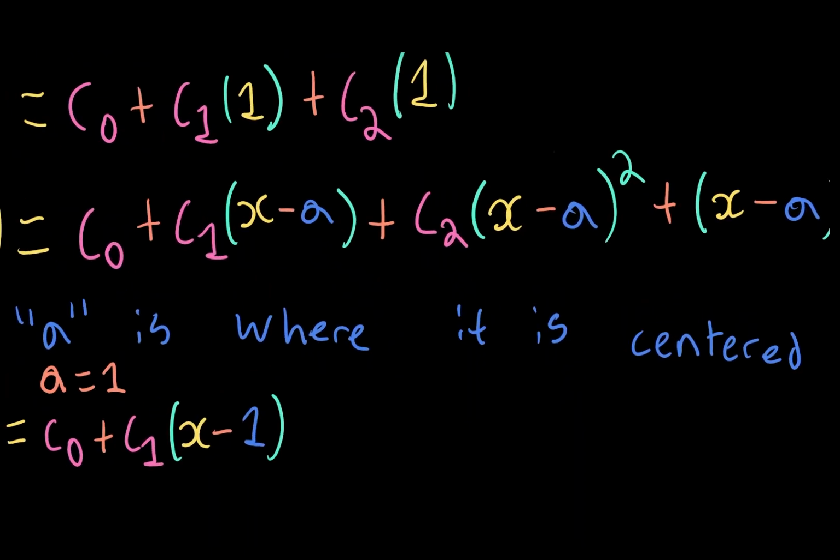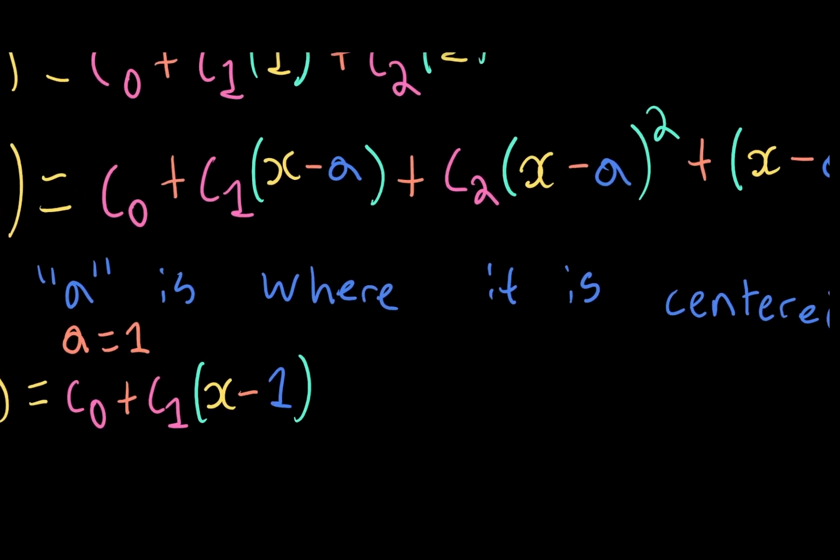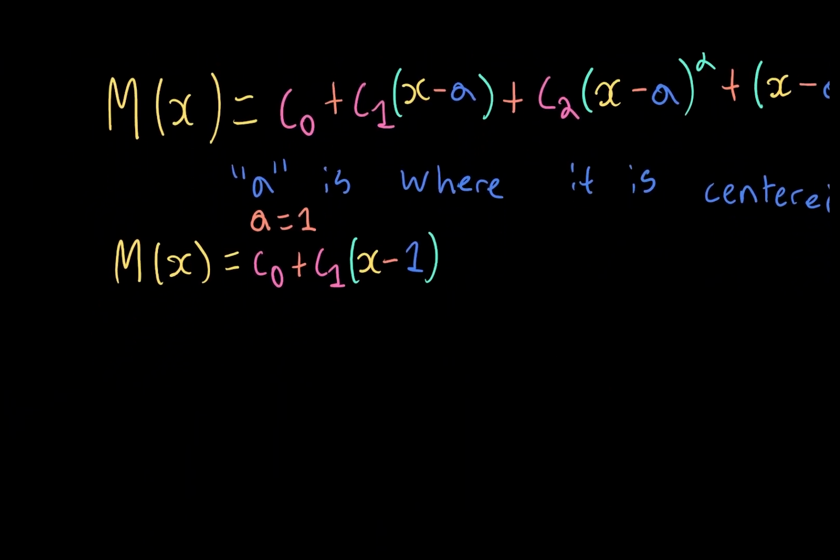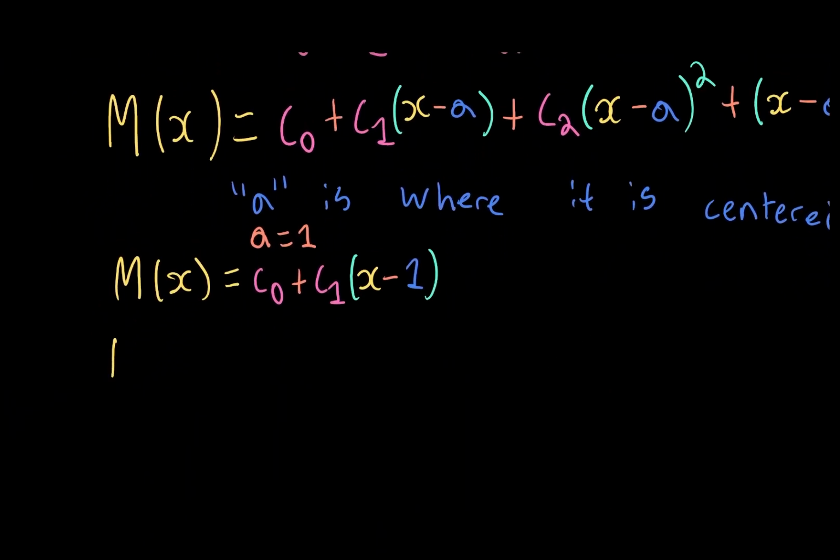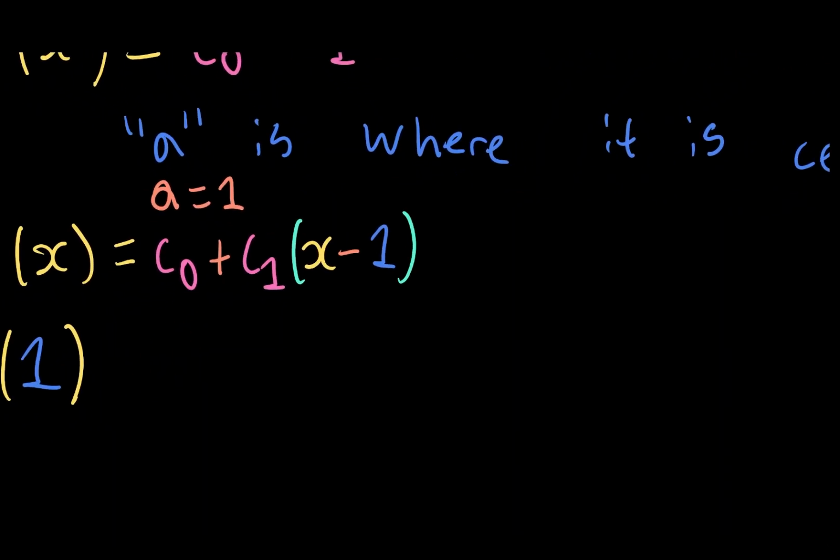And then that pattern repeats here. It would be plus c2 times parentheses x minus 1 to the power of 2, right? And if we evaluate, again, m of 1, what you'll notice this time is that in all of these x minus 1 brackets, when you evaluate x to be equal to 1, it collapses again.